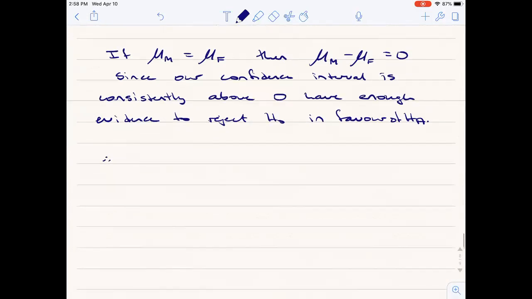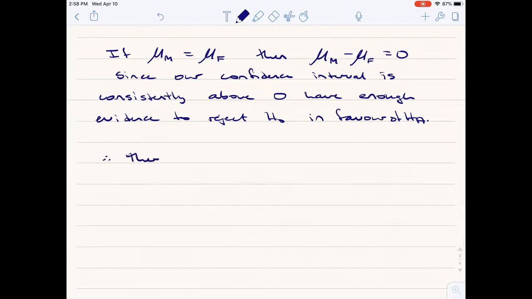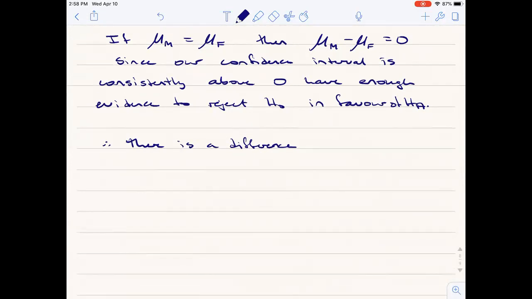Therefore, there is a difference in manual agility, I'll just say for men and women.